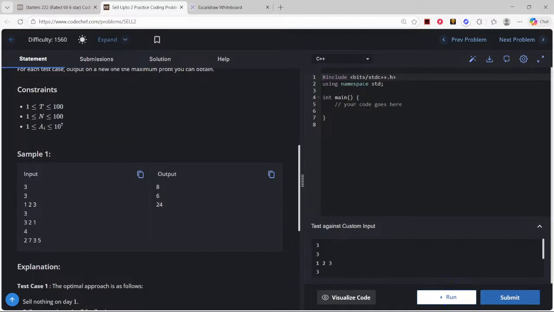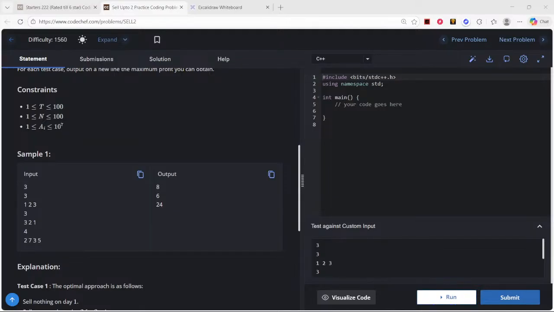And since there are n days, i will be less than or equal to n, and since at max we will have n watches because each day we get one free watch, W will also be less than or equal to n.